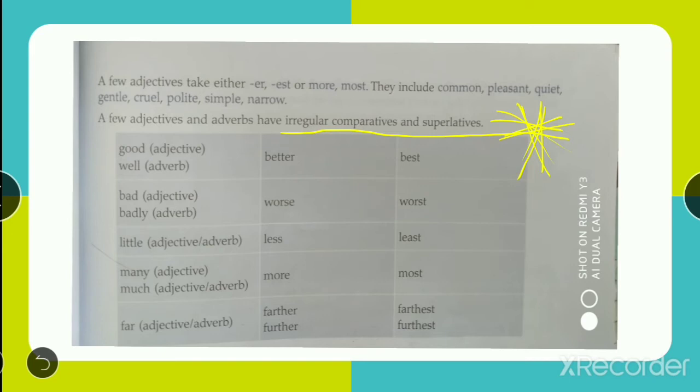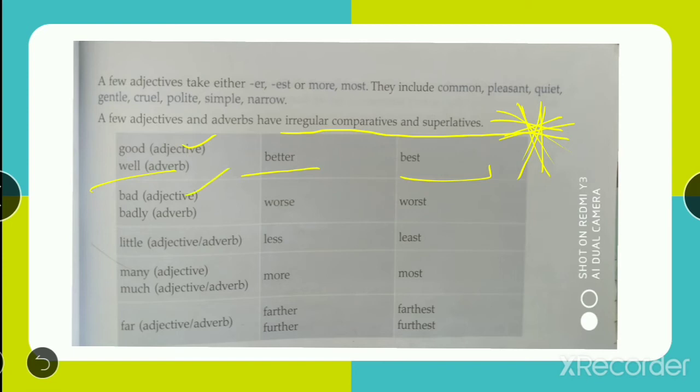Clear? So suppose good. Good is adjective. So what will you make in comparative? Gooder? Goodest. Is it right? No. Okay, adverb well. Weller? Wellest? That's wrong. So what is the comparative word of good and well? It is better. Best is superlative.